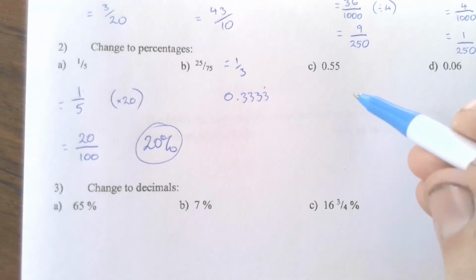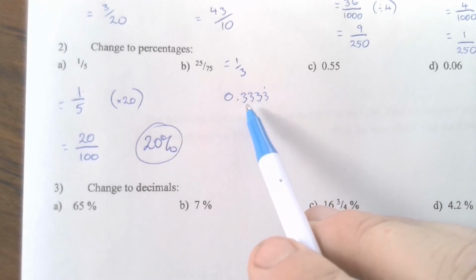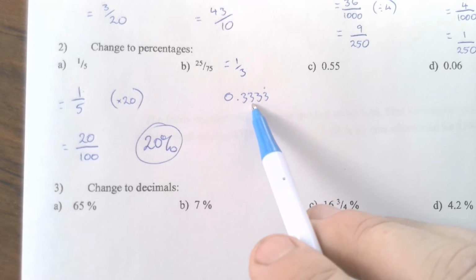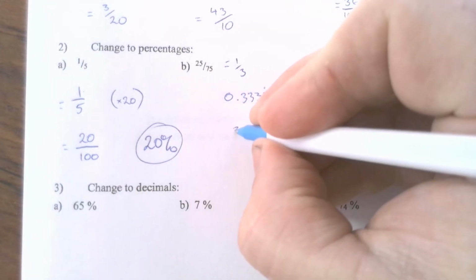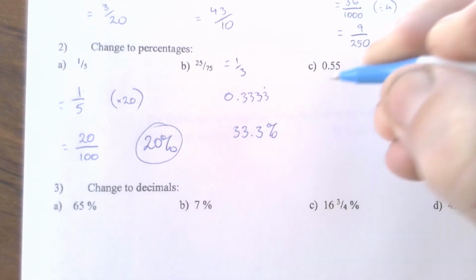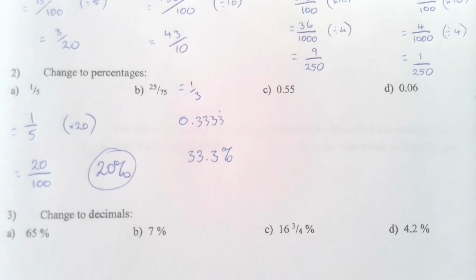Now, to get this to go into a percentage, you've got two options. You can either multiply it by 100 in your calculator, or you can just remember that you just need to move the decimal twice, okay? And the answer will be 33.333333 forever percent.